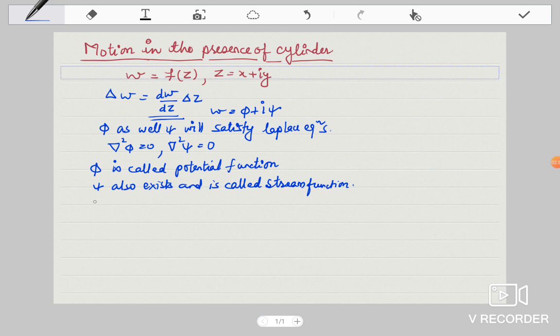So there may exist a complex velocity in the form dw/dz, which I told you earlier may be written as minus u plus iv, where dw/dz will give you the resultant of the velocity, that means u square plus v square.